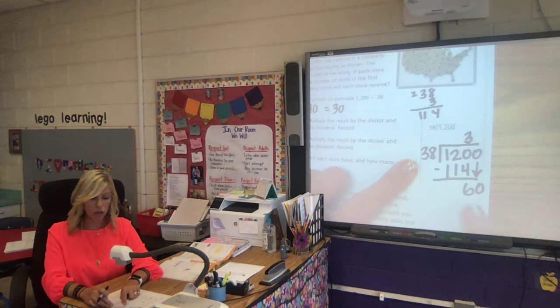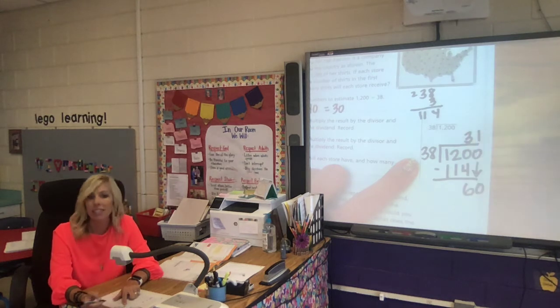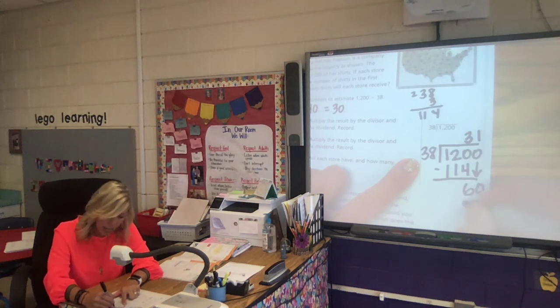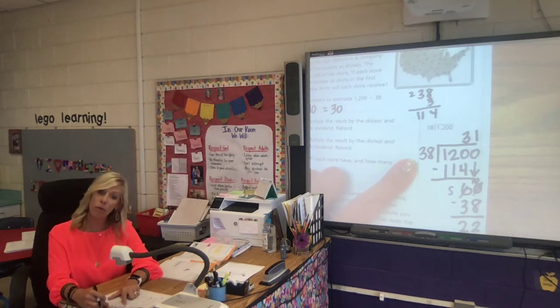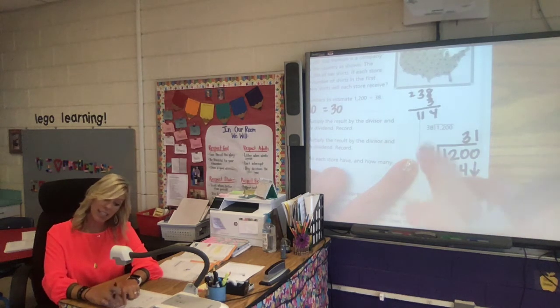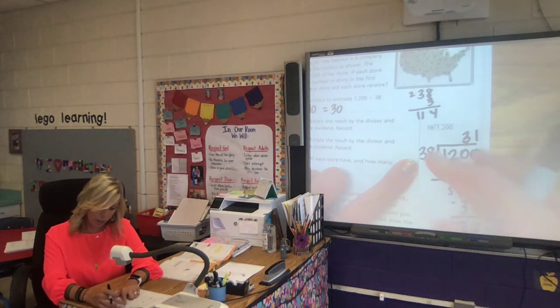If I have 40 2 times, that's going to be bigger than 60. So 38 will go into 60 only once. And we know 1 times 38 is 38. We're going to subtract. We'll get 22. Seems like a big remainder, but it is less than our divisor.